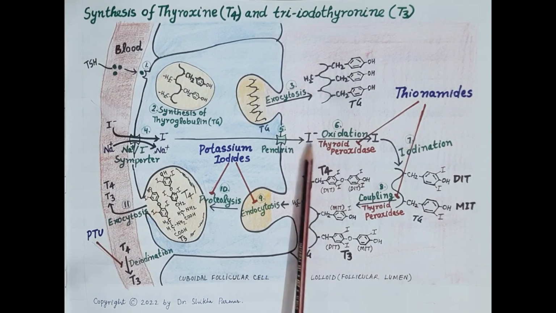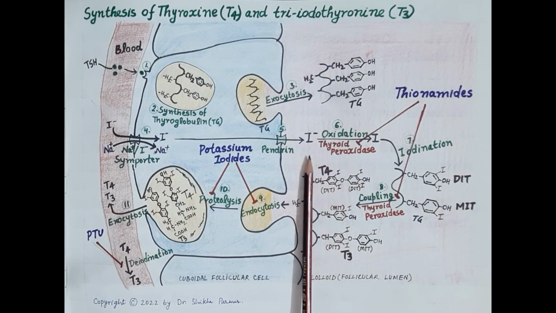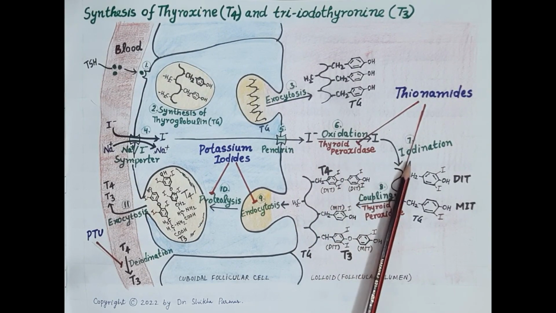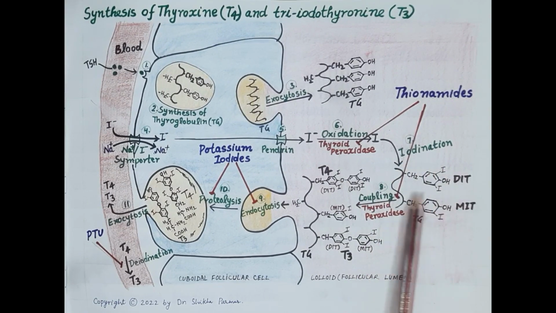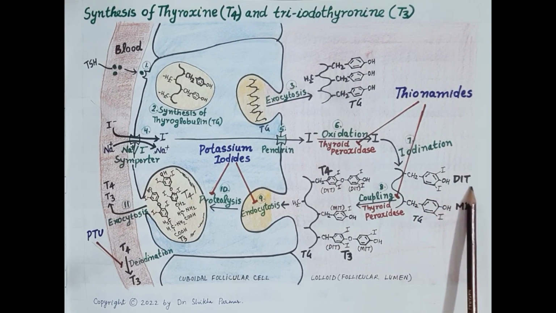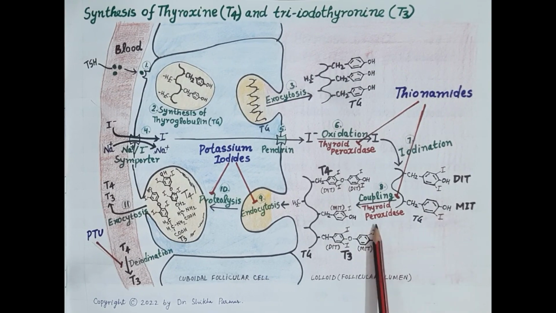Now very important, the thyroid peroxidase enzyme oxidizes these iodide ions to iodine, and this is followed by the process of iodination. So there is iodination of tyrosyl residues on thyroglobulin and this forms diiodotyrosine and monoiodotyrosine. Now this is followed by the coupling, again mediated by the thyroid peroxidase enzyme.